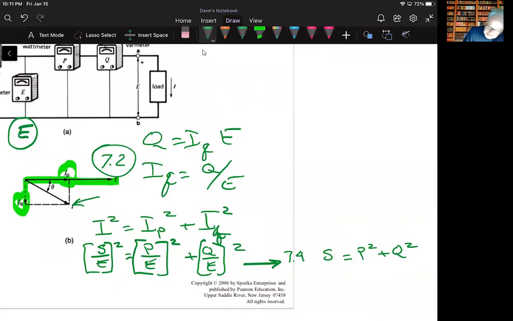And he also says we can calculate the value of this angle in the phasor diagram, because the tangent of the angle is equal to I sub Q over I sub P. The tangent of the angle is opposite over adjacent.